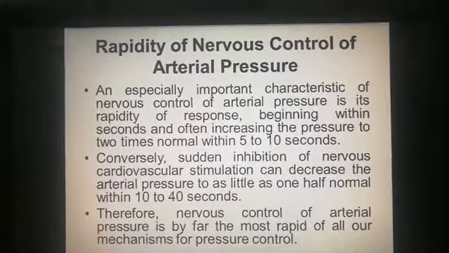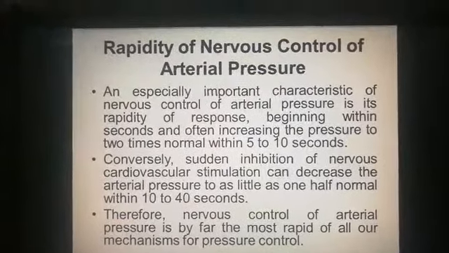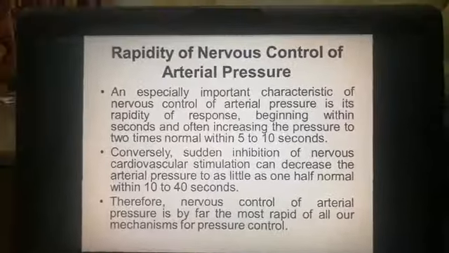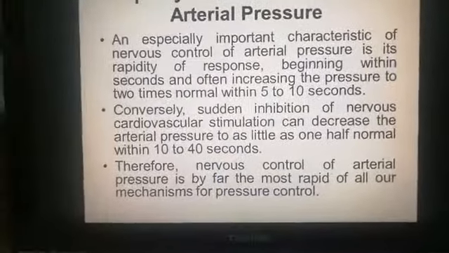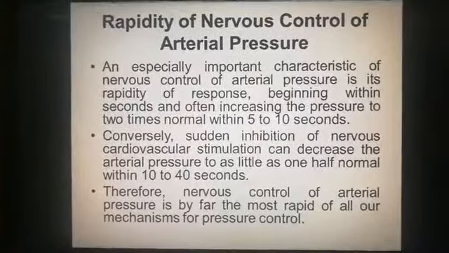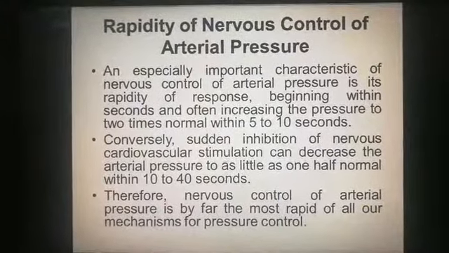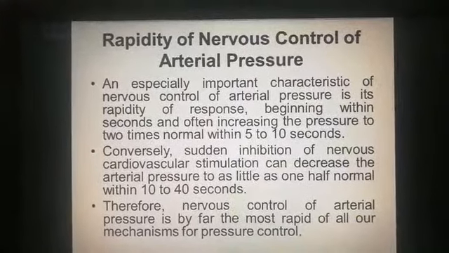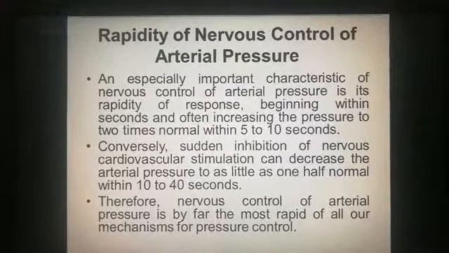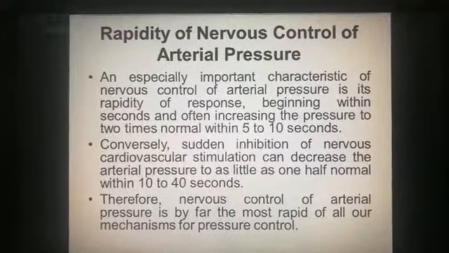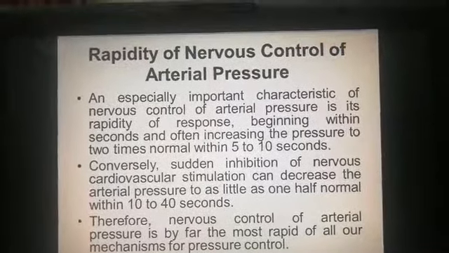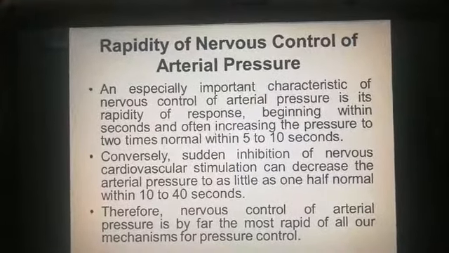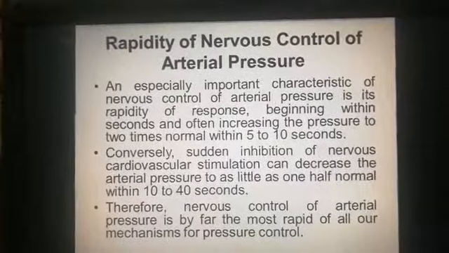So inhibition is very rapid and excitation is also very rapid, though excitation is more rapid than inhibition. Therefore, nervous control of arterial pressure is by far the most rapid of all our mechanisms for pressure control.